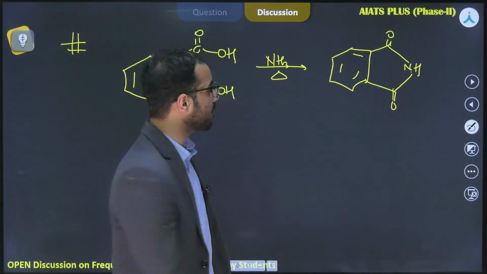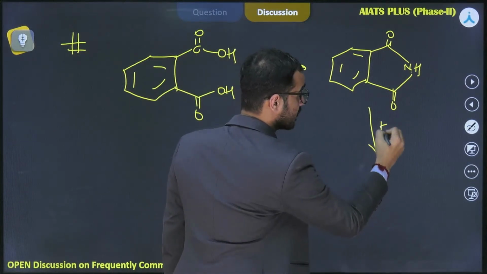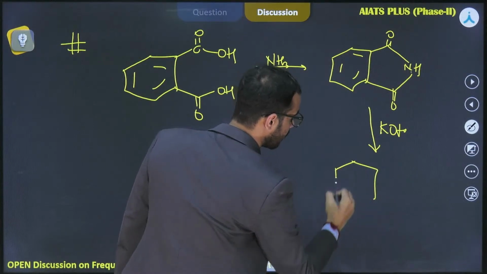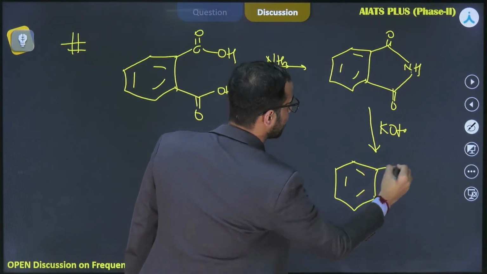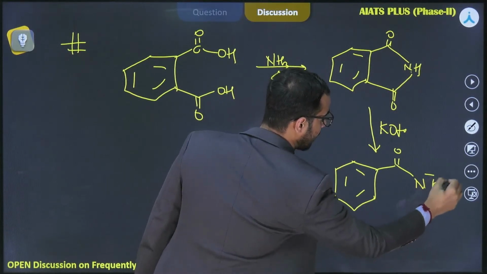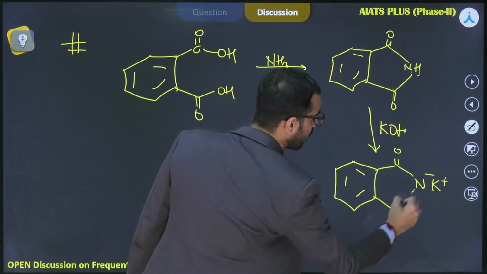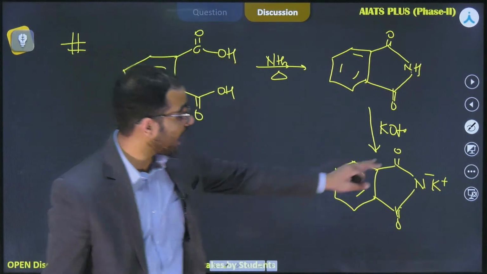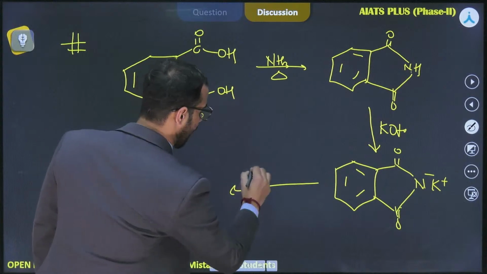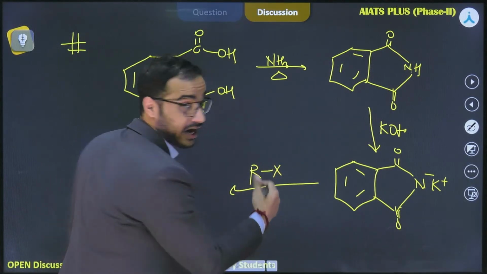This is formed, and when you react it with the base KOH, it will form a negative charge over here. So it is N minus K plus between the two C double bond O groups. Now the negative charge is formed, and you have to react it with an alkyl halide.